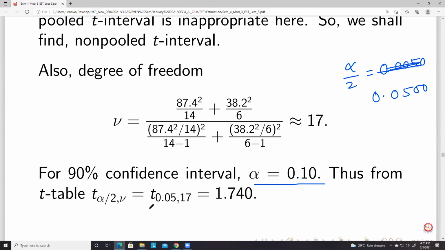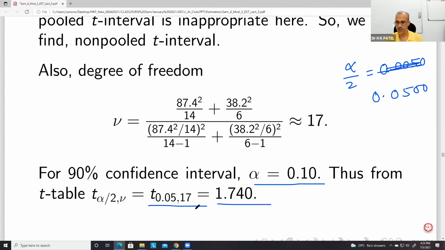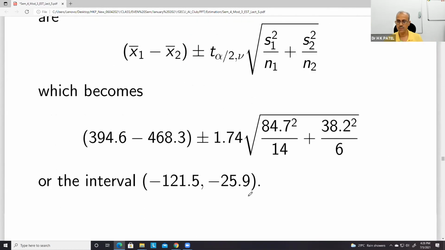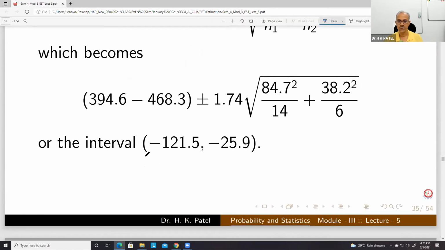So it is given actually T 0.05. Now the degree of freedom is 17, so you can find this value from the table, and you can verify this. The value is 1.740. So this we get minus 121.5, minus 25.9.